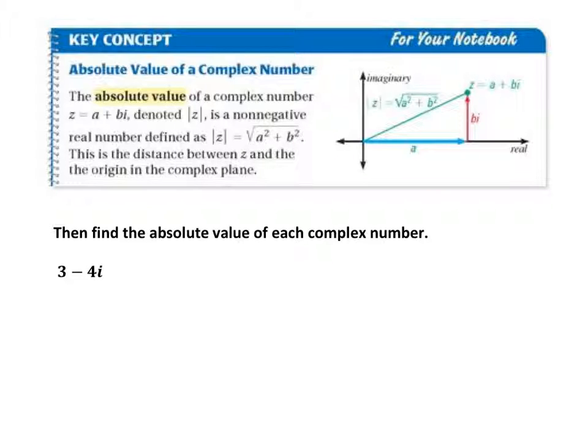Okay? Because if you look at the real and the imaginary to get that distance, it's a squared plus b squared. It's a right triangle. So if I look at that, it says then find the absolute value of each complex number. So I know a equals 3, b equals negative 4, so plug it in.